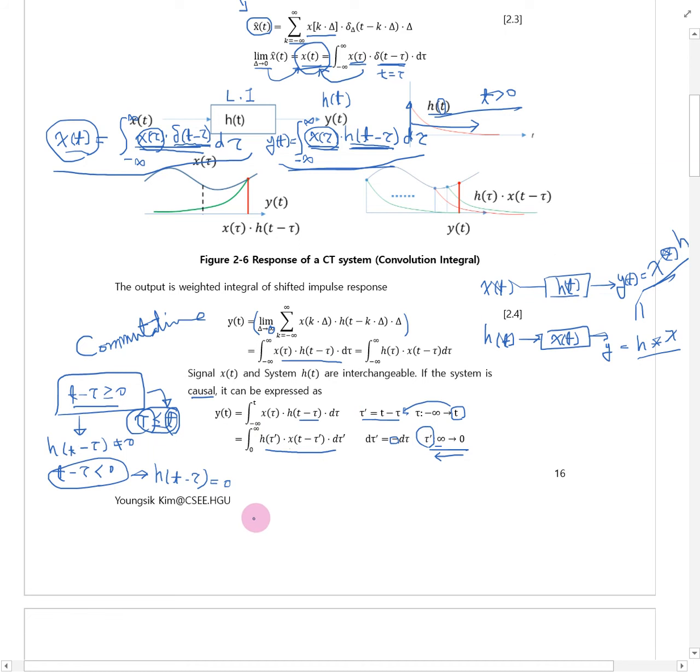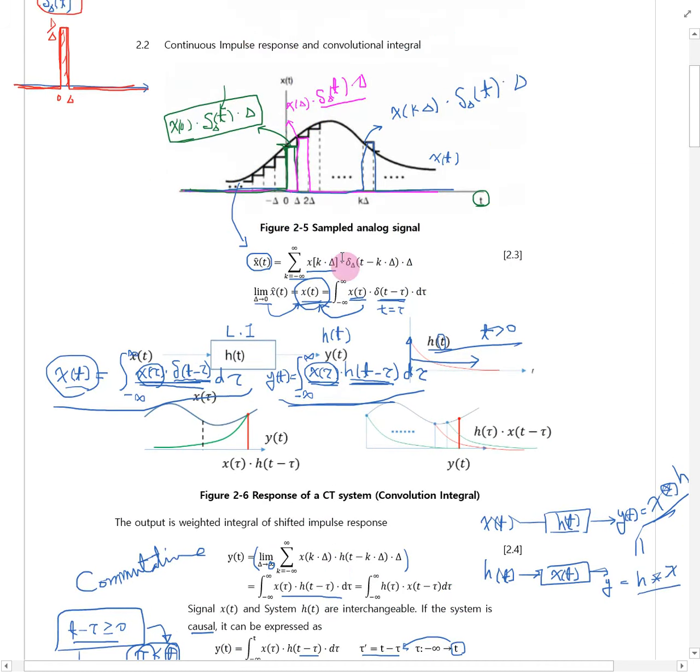So we talked about what the convolution theory is, and think about any input signal being decomposed into a train of scaled, time-shifted impulses. The system is linear and time invariant. We know the impulse response, then scaled and shifted impulses give scaled and shifted output responses.